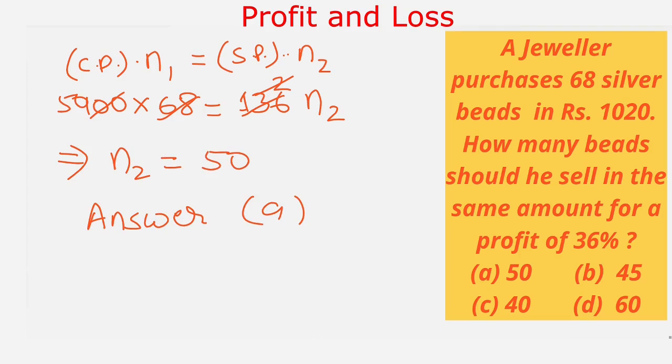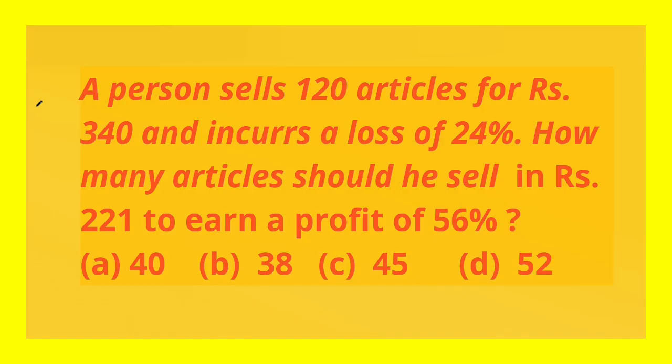And from the given options, our answer is option A. This way we can solve such types of questions easily if our concepts are clear. We go to the next question.